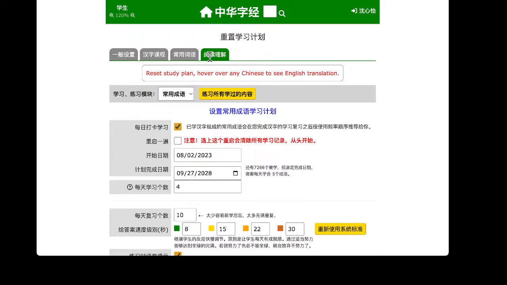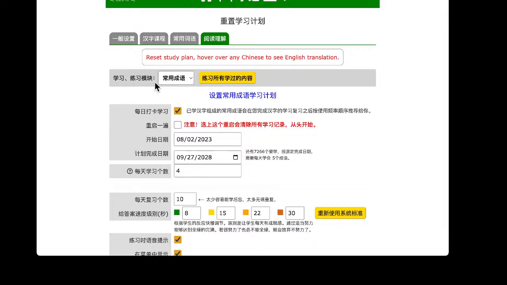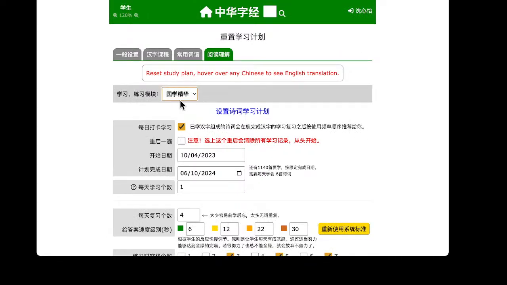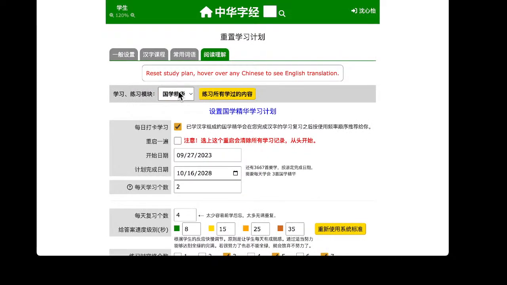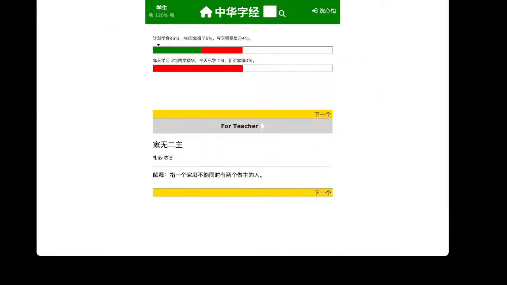And this is the reading comprehension stuff, which includes the idioms, the poems, and the classics. Right now in the curriculum, everything's activated. I think this is the box that you uncheck if you don't want to learn those, right? Yeah. So this is just taking forever right now.